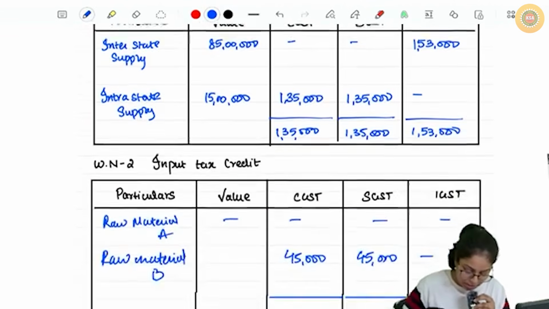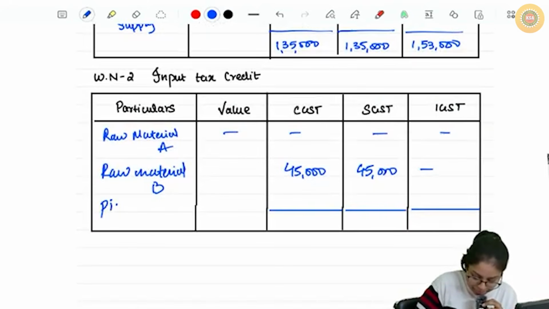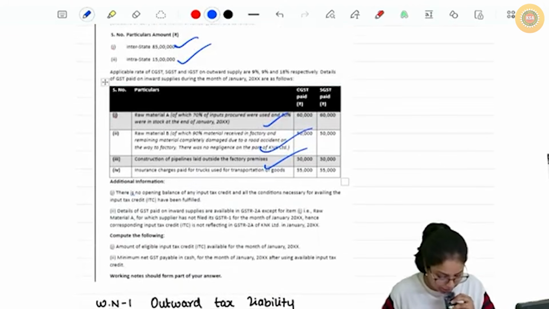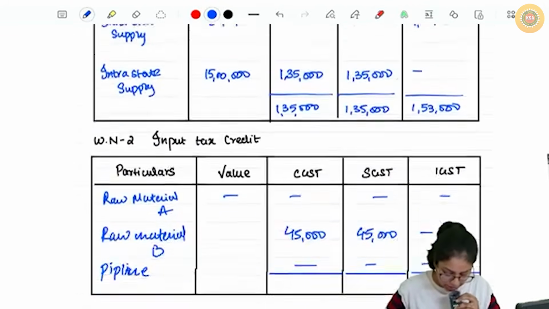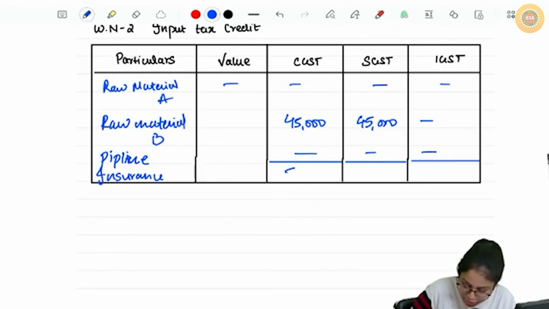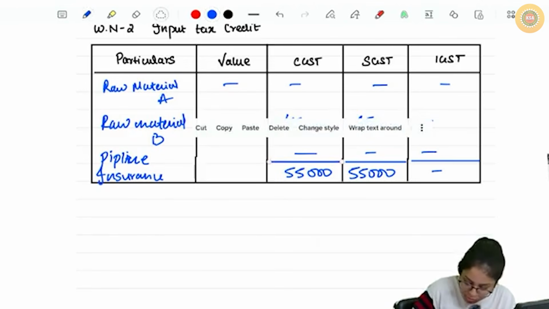Construction of pipeline outside the factory, pipeline again: nil, nil, nil. Blocked credit, no ITC. Insurance on trucks, on that you can take. Yes, which is 55,000, 55,000, nil.